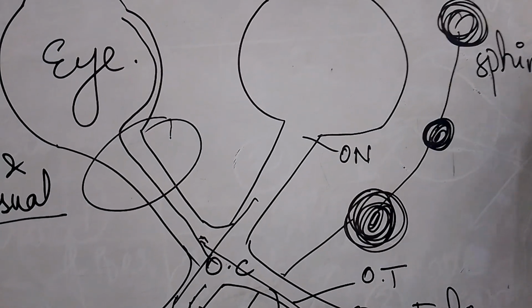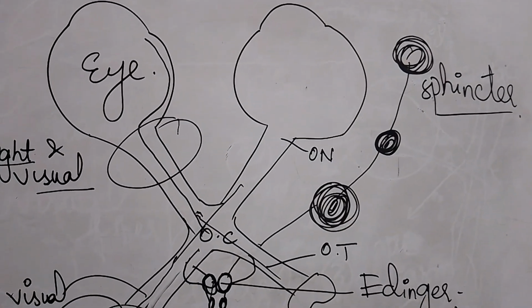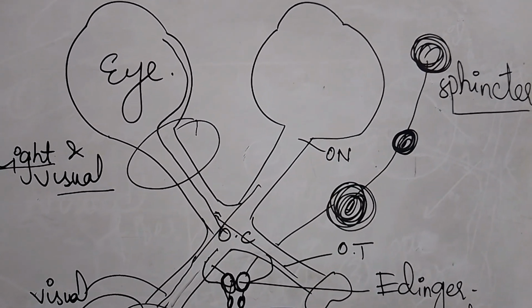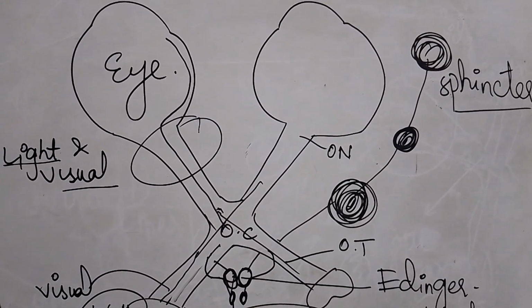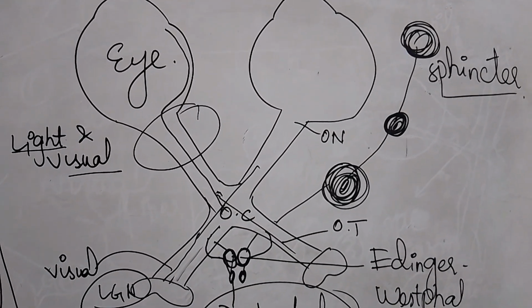The sphincter muscle gets parasympathetic innervation, which tells it to contract, and there will be constriction of the pupil when light is shown onto the patient's eye.